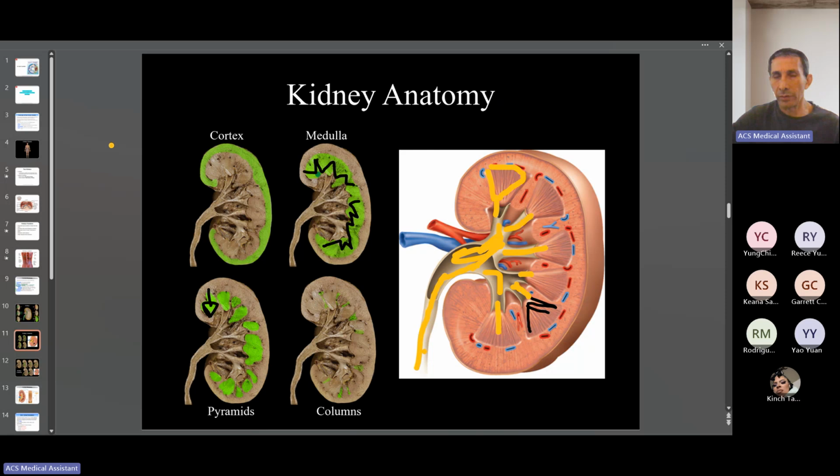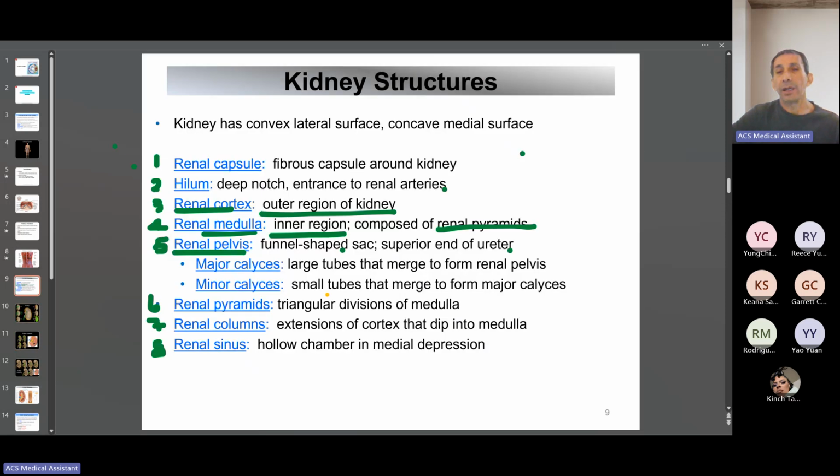So I explained to you already the pyramids and the minor and major calyces, because those tubes are connected to the pyramids, the minor and then the major that is connected to the renal pelvis. So that's basically what it is. See, large tubes that merge to form the renal pelvis. Small tubes that merge to form the major calyces.